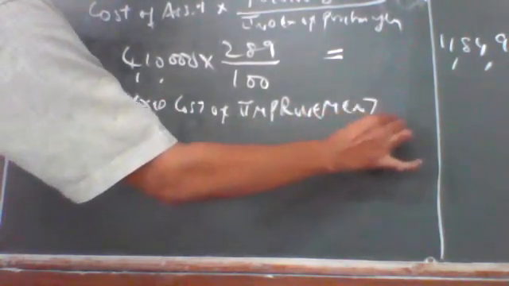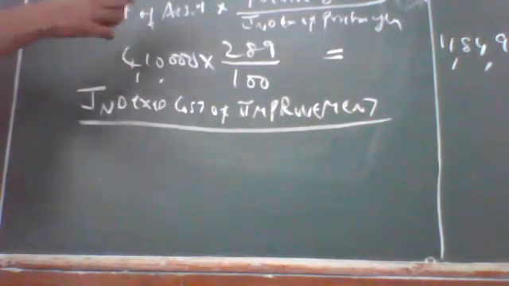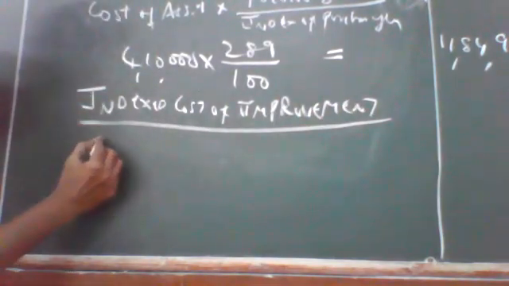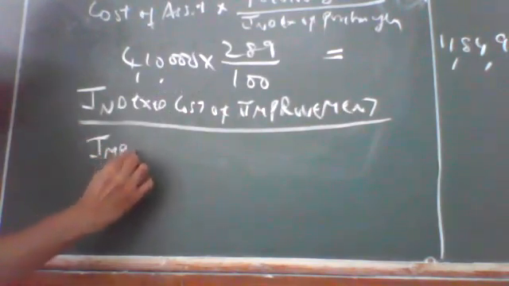Using the similar formula. Here we have taken cost of asset. Now here, improvement expenses. How much you spend?